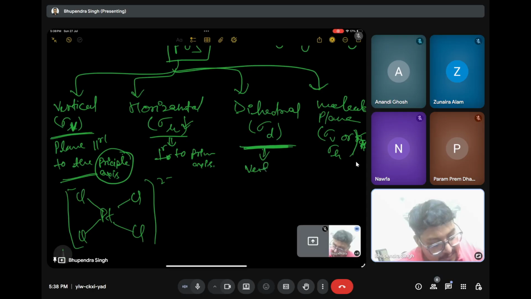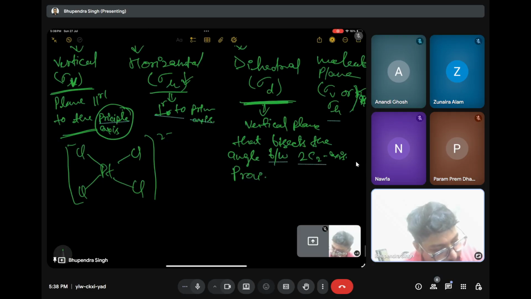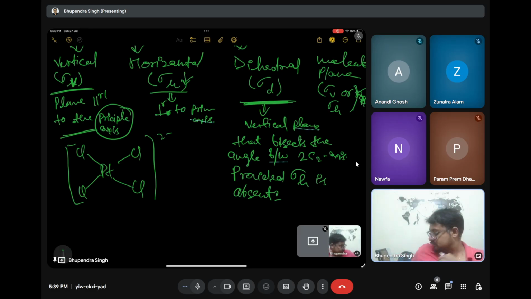This is a vertical plane that bisects the angle between two C2 axes, provided sigma h is absent.